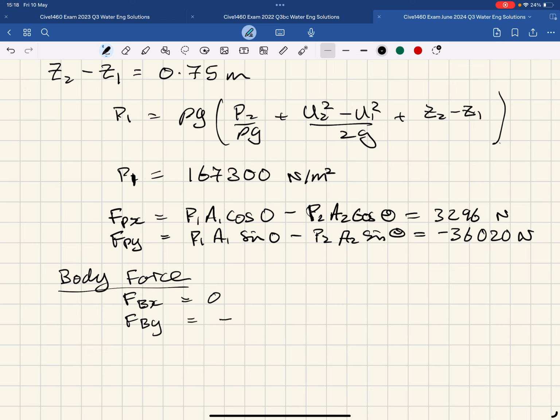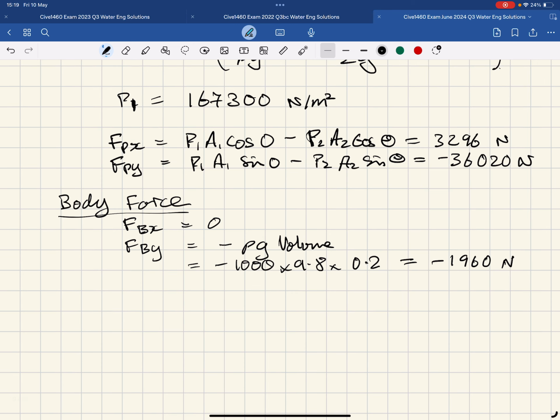FBy is equal to minus rho g times the volume, which equals minus 1000 times 9.8 times the volume given, 0.2 meters cubed, so that comes out to be minus 1960 newtons.